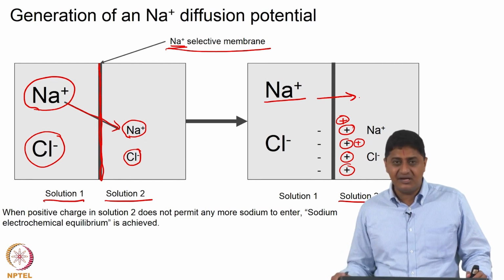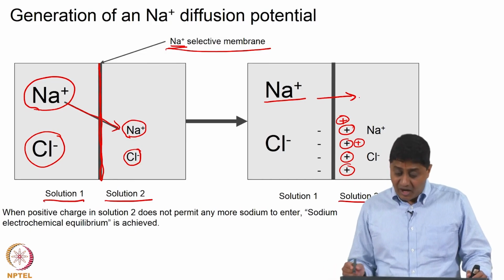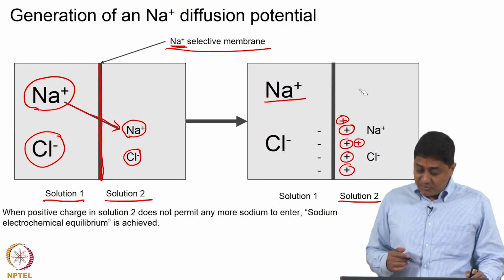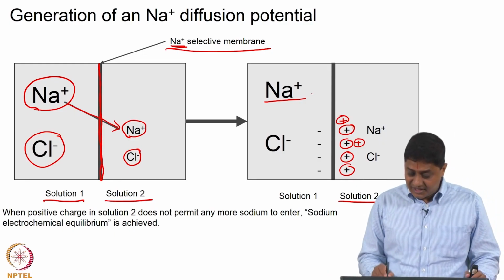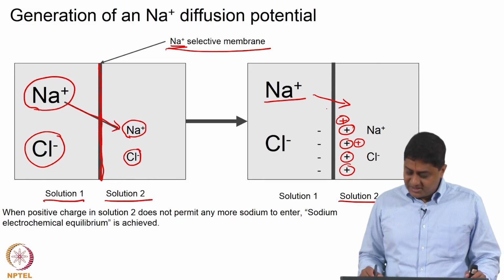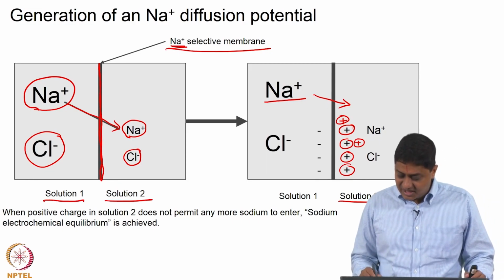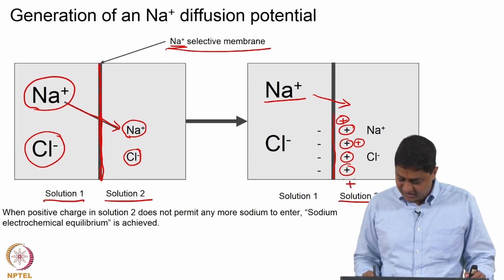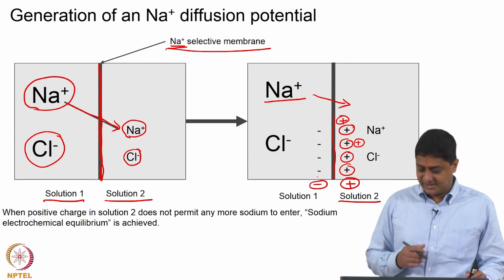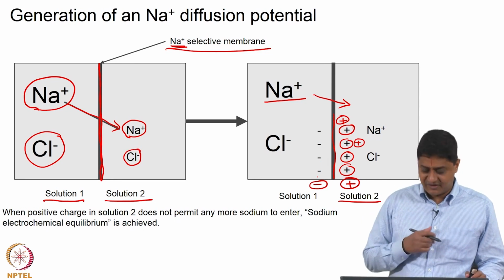So, it will not build any charge separation between the two sides. However, since sodium is an electrolyte, an ion, the transport of sodium across the semi-permeable membrane builds this charge separation. So, on one side you have positivity, on the other side you have negativity. What this creates is a potential gradient, right, a potential is developed.